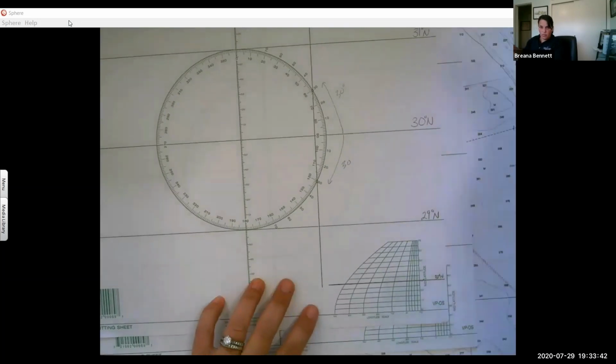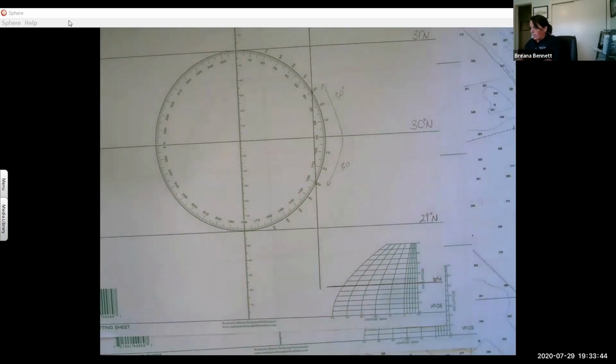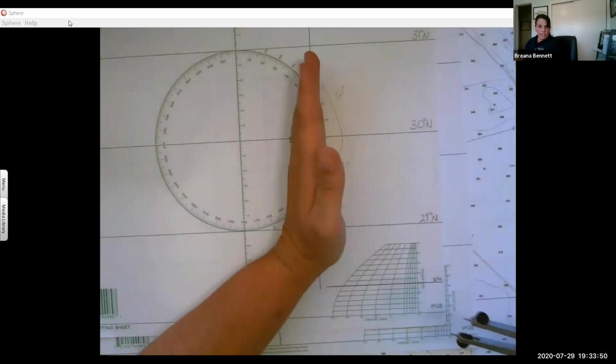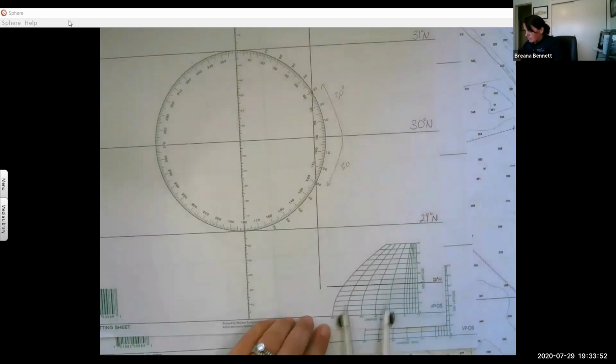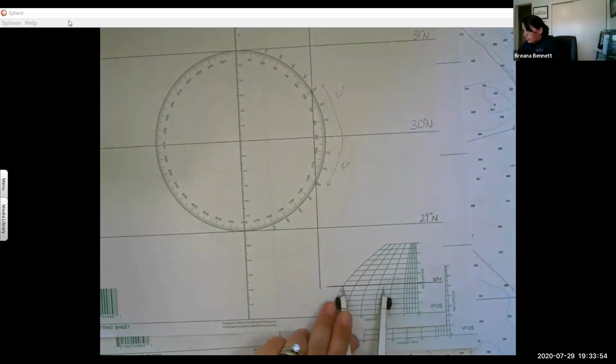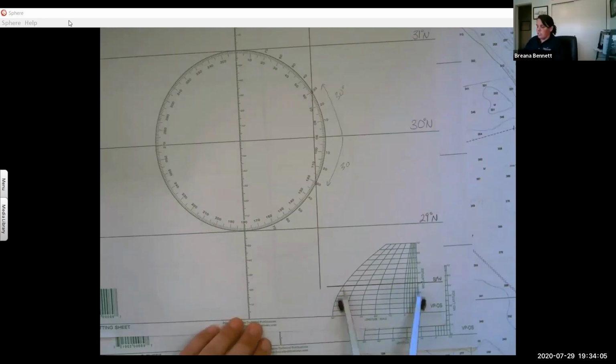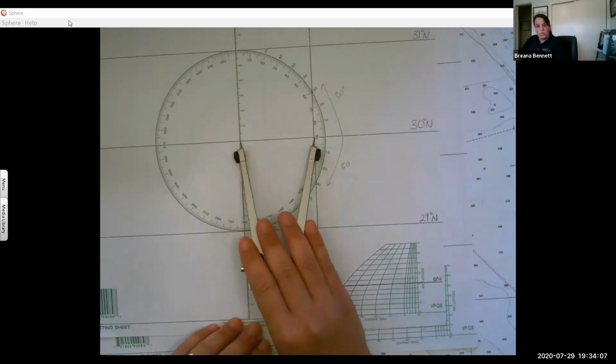So if I want to get 60 minutes of longitude, because this is my 130, and I want to get what 129 is, that's 60 minutes of longitude. So I'm going to go from the edge to the edge and get 60 minutes of longitude, which is right where I am there.